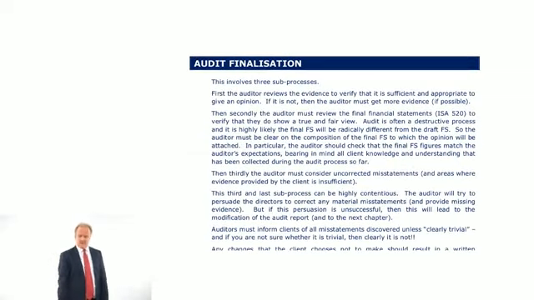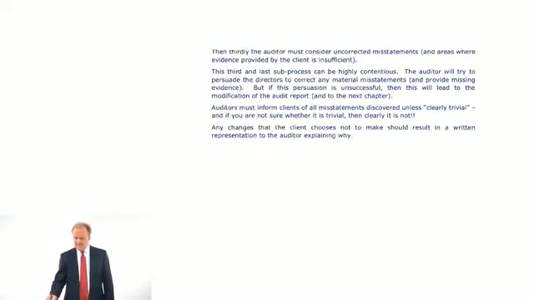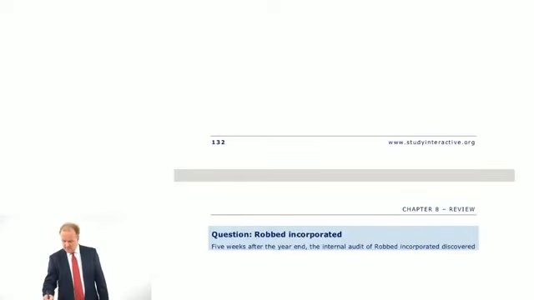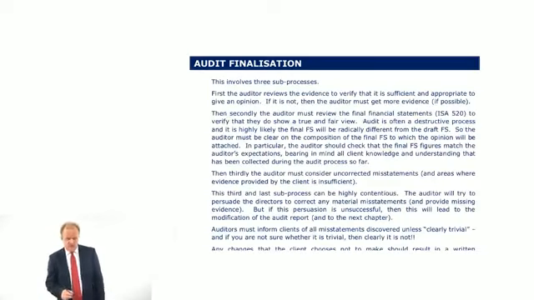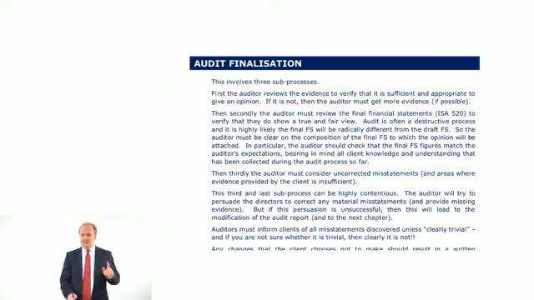Okay, we are almost at the end of this chapter. Whoops. Whoa, no, wrong way. There we go. Almost at the end. Right at the end of the audit, we are required to do something called overall review.